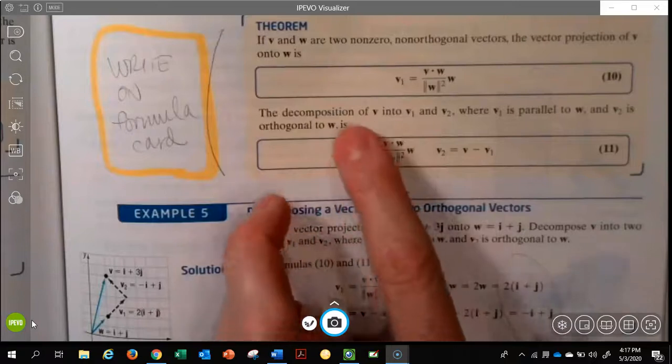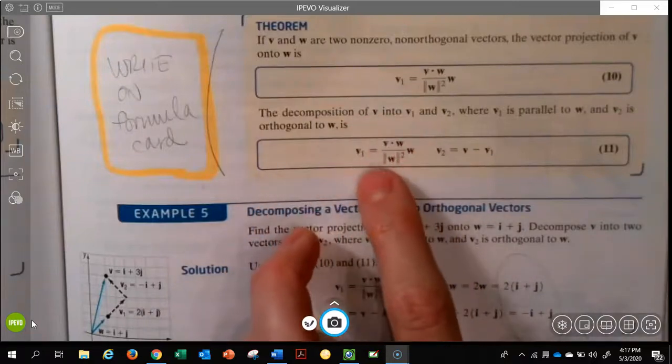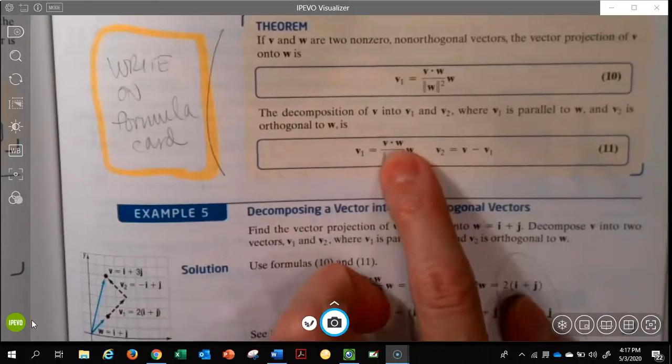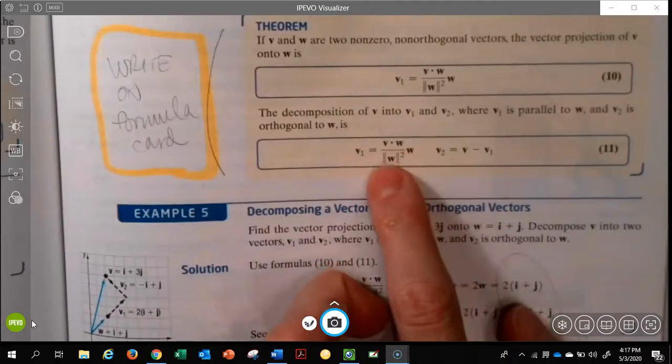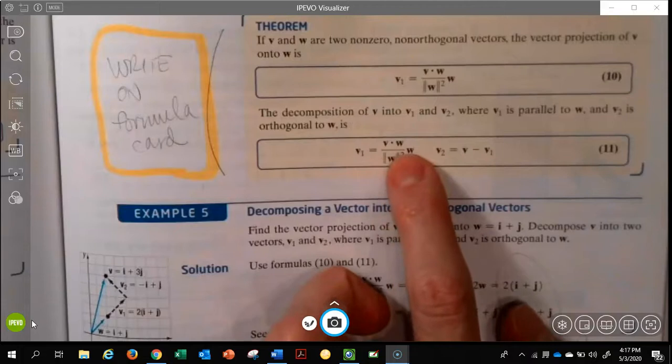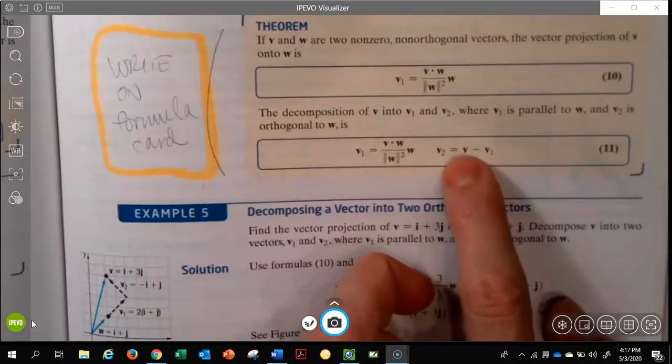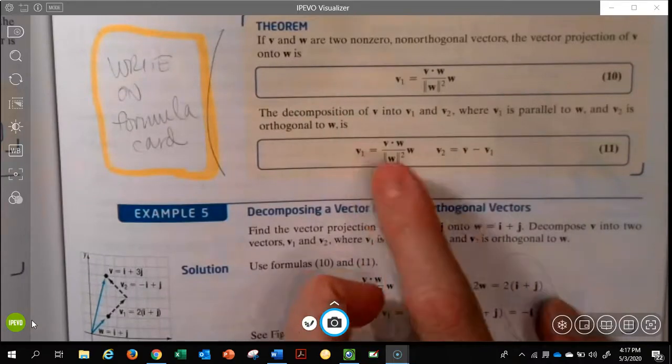You need to write on your card that when I'm decomposing, I will do this to get my vector v sub 1. No biggie. All I have to do is dot product, magnitude, square it, times a vector, done. Right here, to get my second one, I'll take my original vector v and subtract what I get over here.